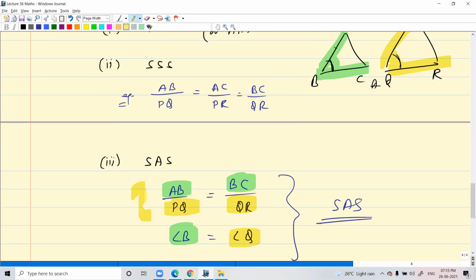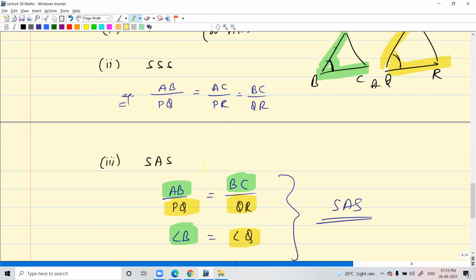And remember, you can write either one in the numerator or denominator, that doesn't matter. You can write PQ by AB and QR by BC also, it will be the same thing. It doesn't matter which triangle you write first, but you have to be consistent. If you have taken this small triangle first, you have to write AB and BC from the same triangle in the numerator. Don't interchange them as AB by PQ and QR by BC.